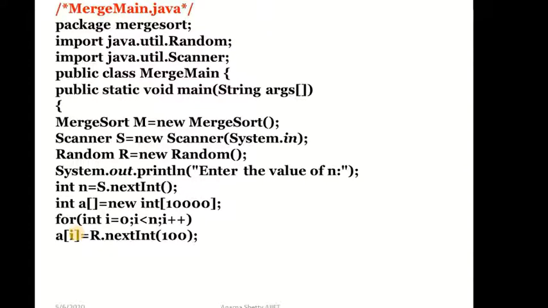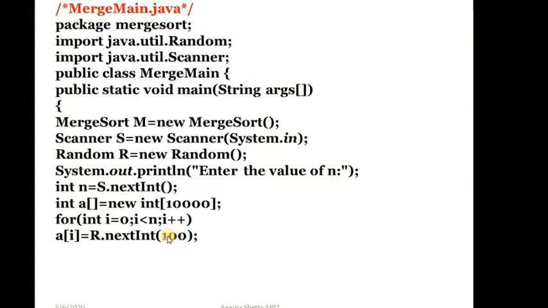Here r is the object of the Random class. r.nextInt will generate the next random integer. Here 100 means that this nextInt method will generate random integers in the range 0 to 99.